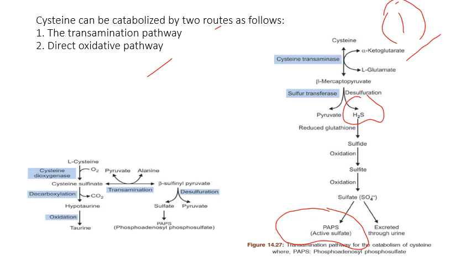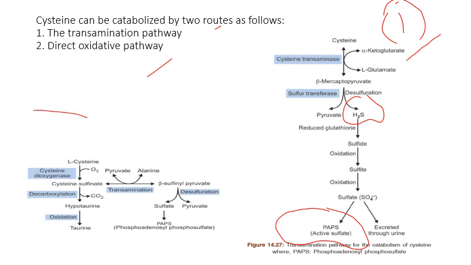PAPS is a source of sulfur in the synthesis of other biomolecules like glycolipids, sulfolipids, etc. Either the sulfate itself is excreted through the urine, or it is converted into phosphoadenosine phosphosulfate, the active sulfate molecule. That is the transamination pathway.